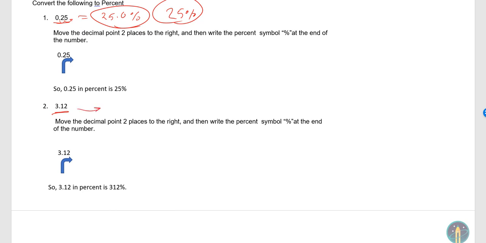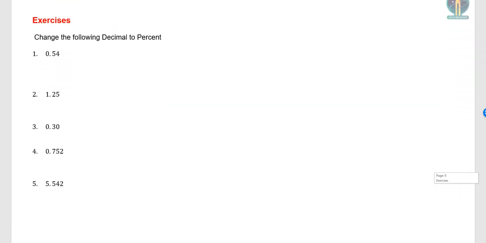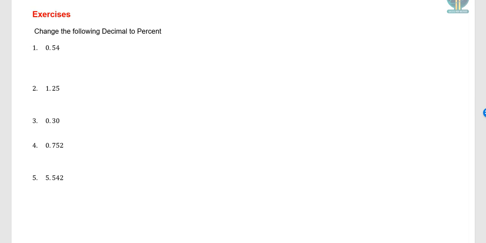So again, that could be written as 312, and then just add the percent sign, right? So 3.12 is 312%. Now, the last round of exercises for this concept. Please pause the video, work on these, and come back for the solutions.